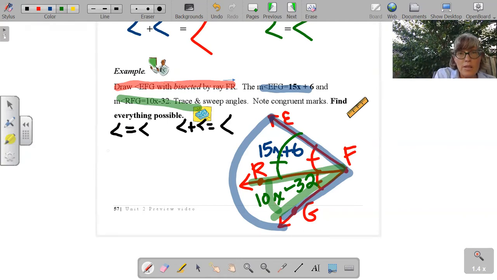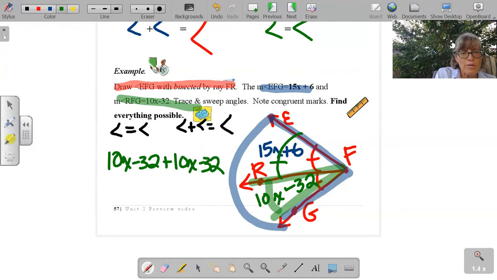So because of the bisector, one angle plus another angle equals this big angle, 15x plus 6. Collect like terms.